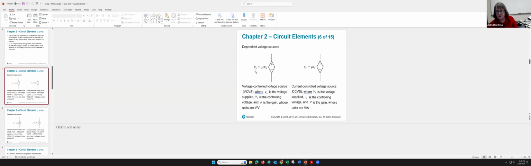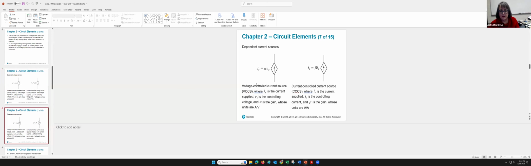In other words, its voltage is equal to something times some other voltage. So the units of mu are dimensionless. However, over here we have rho times current is equal to voltage. So this is actually going to be in volts per amp. And so it's a gain, and the units, like it says, are volts over amp. Here, volts over volts, which is dimensionless.